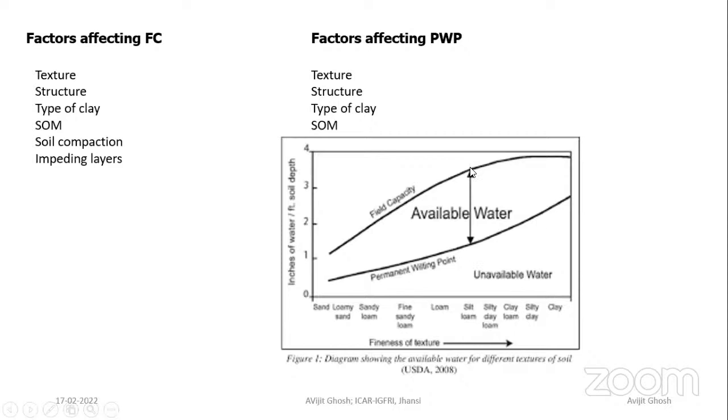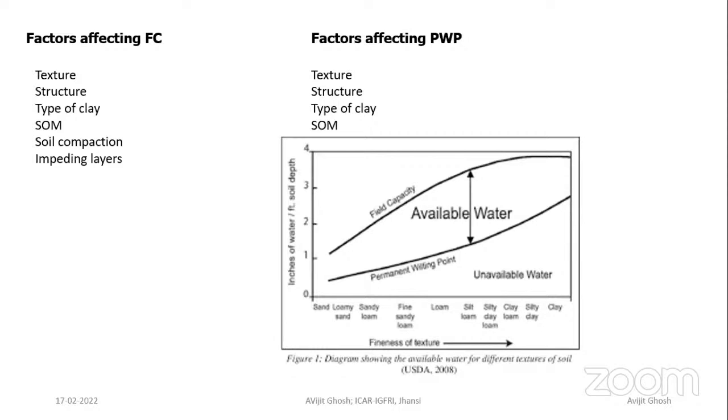in silt loam soil, the distribution of sand, silt and clay is in equal amounts, so the available water content is maximum, because soil porosity, that is macro and micro pores, are evenly distributed and the highest amount of available water is achieved here. But in clay soil again, the water content does not increase so much in field capacity.